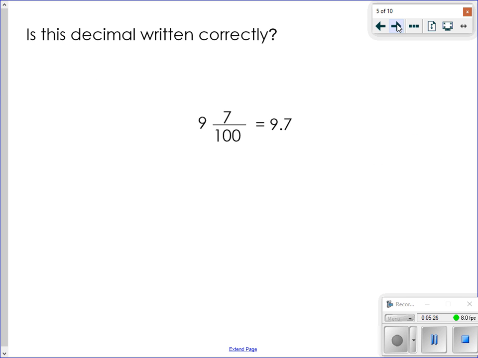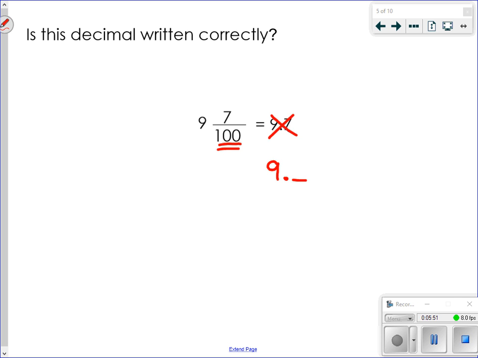Is this decimal written correctly? 9 and 7/100ths. No, it is not, because this says 9 and 7/10, doesn't it? How would I have to write 9 and 7/100ths? The 7 has to end in the hundredths position. That's the second place after the decimal.